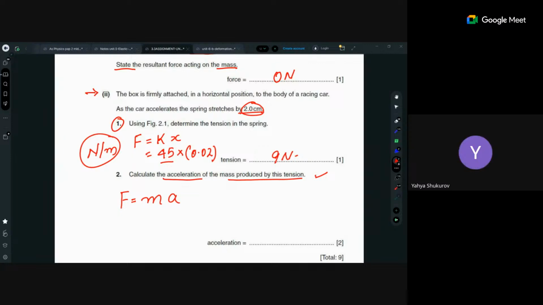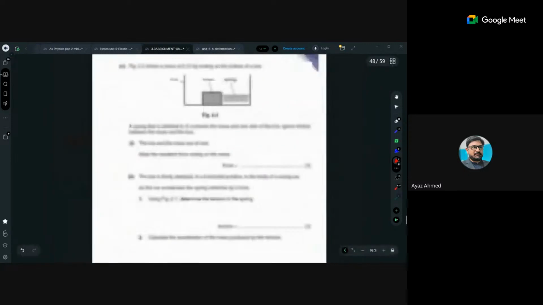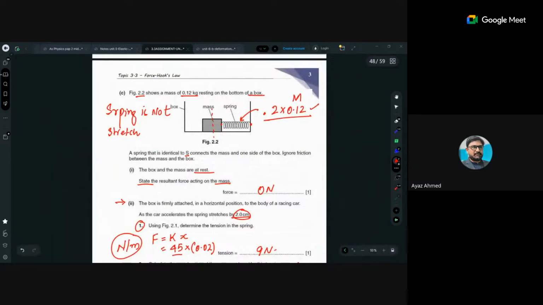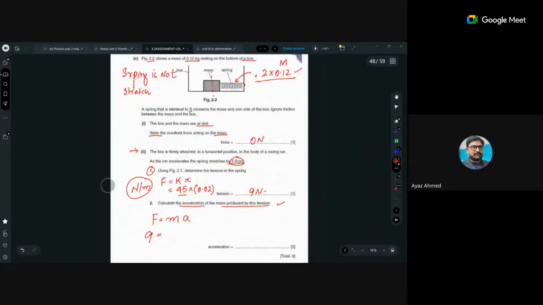So force is 9 Newton. And Mirab, what is mass? 0.12. Very good, 0.12, and you will get acceleration over here. Well done, all of you.